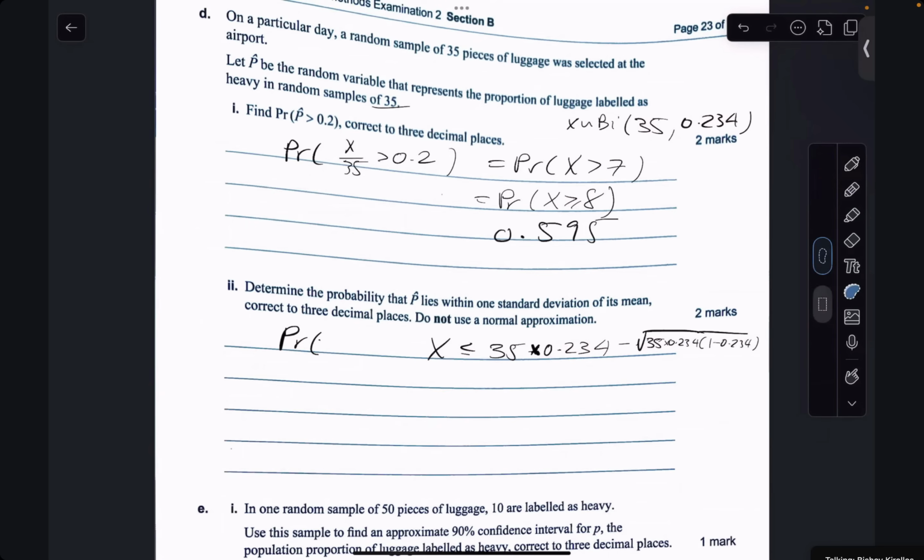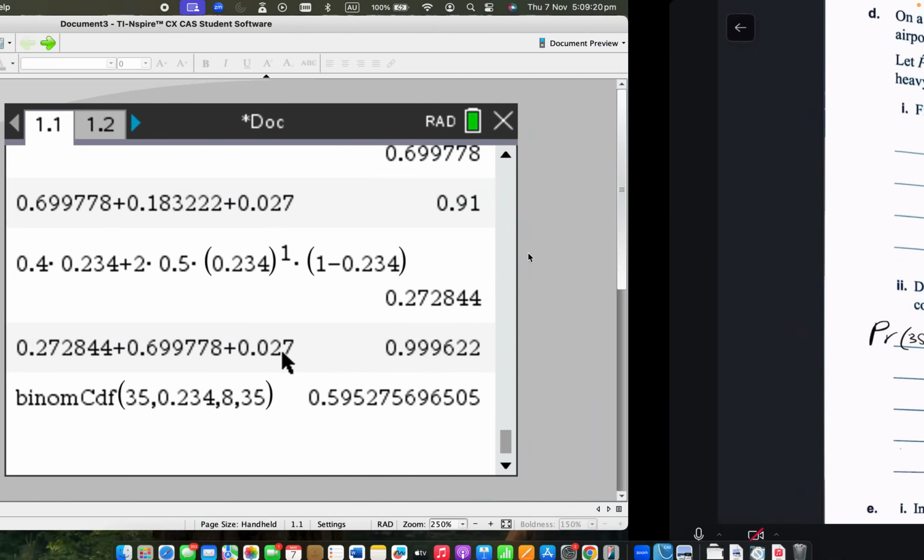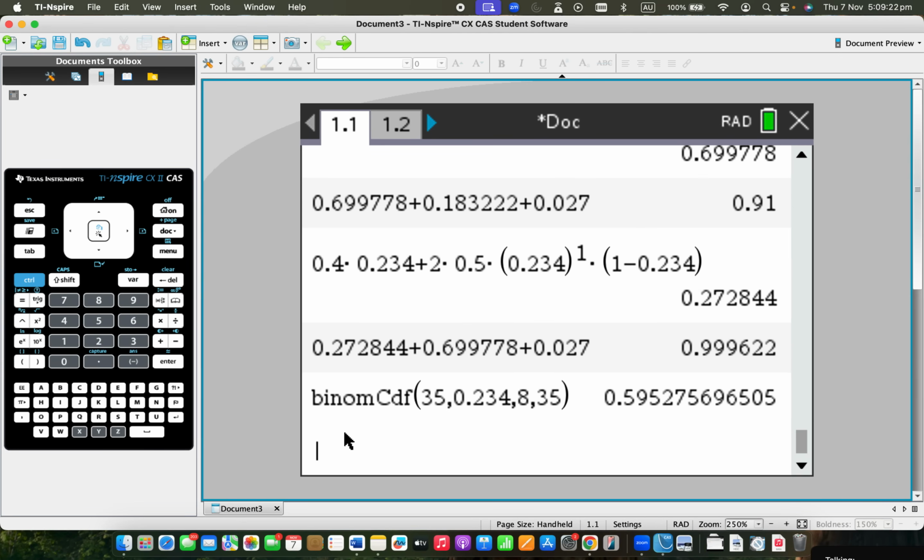Oh, this is going to be a bit ugly. And then this is 35 times 0.234 plus, sorry, on the right hand side, and the left is minus the square root of 35 times 0.234 times 1 minus 0.234. Okay, now that works out to be what? So if we do, I'm just going to do this. Now we want the number of trials to be 35, probability of success is 0.234.